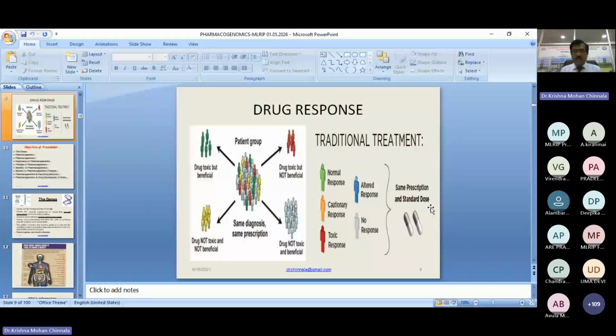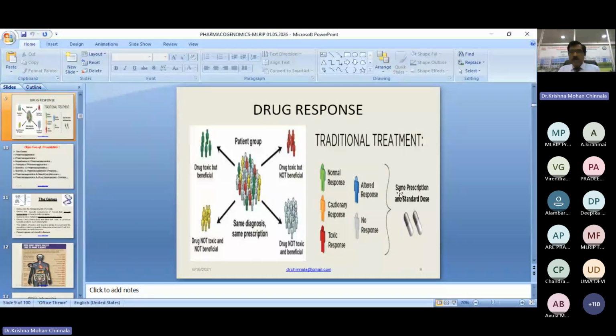And in a few people, it is supratherapeutic, or it crosses the minimum toxic concentration, and it produces toxicity. And in another group of people, there will be no effect also. Normal response, cautionary response, toxic response, no response, altered response, all are just because of the metabolism of that particular individual.